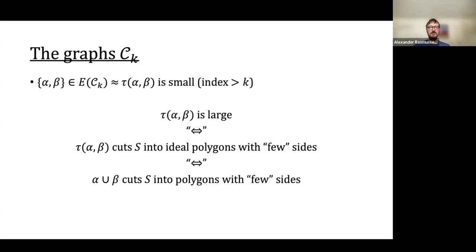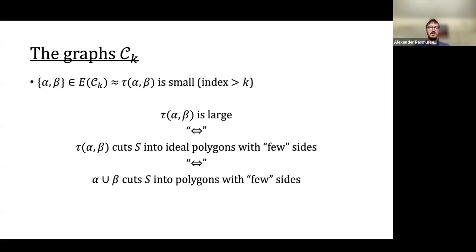Well, there's this correspondence between the polygons in the complement of tau of alpha beta and polygons in the complement of alpha union beta. So roughly, tau of alpha beta is large if alpha and beta cut S up into polygons with few sides. So the only way to not be joined by an edge in CK is if alpha and beta cut up the surface into polygons with few sides.